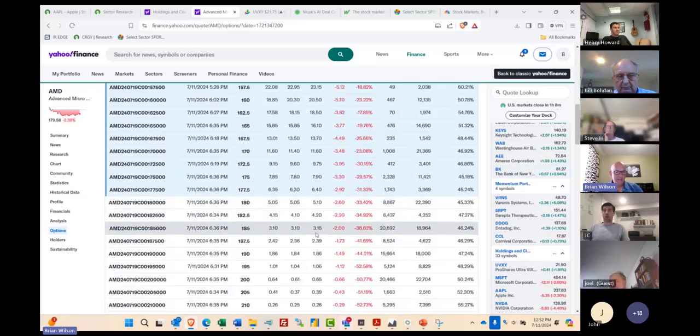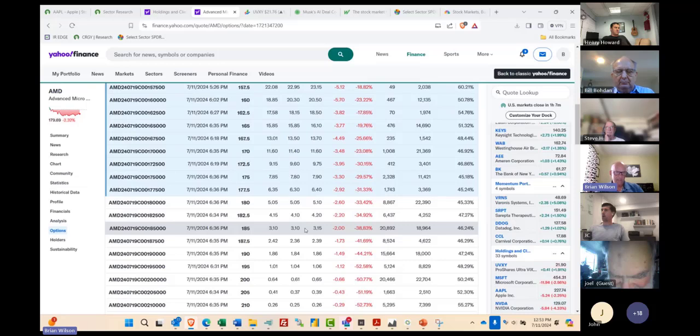With any options contracts, you have to be willing to either lose the whole thing or certainly lose a portion of that. Henry and I had a discussion a couple of weeks ago. When I do some of these options trades, they would be more of my medium-sized positions. I'm not betting the farm on them.